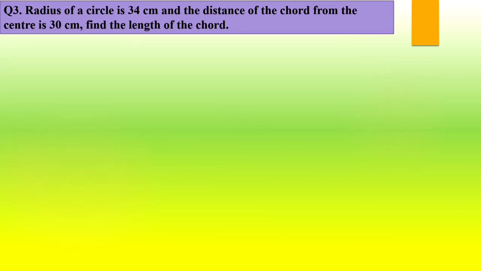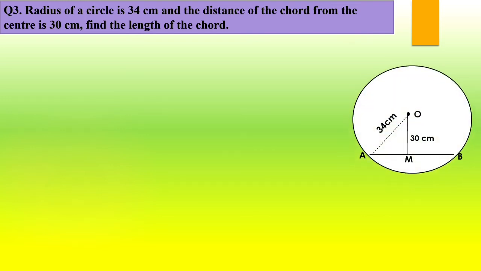Question number 3. Radius of the circle is 34 centimeter and the distance of the chord from the center is 30 centimeter. Find the length of the chord. So you need to draw the figure in all the sums, students. So draw the figure with the pencil.